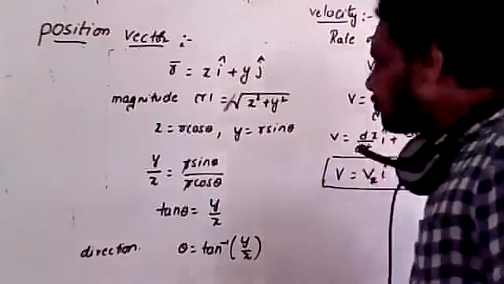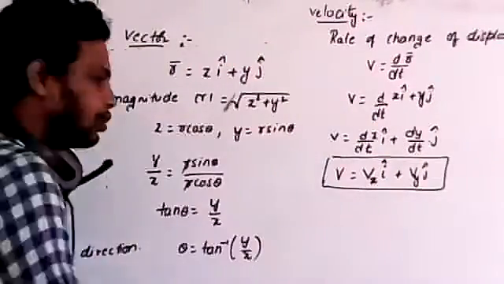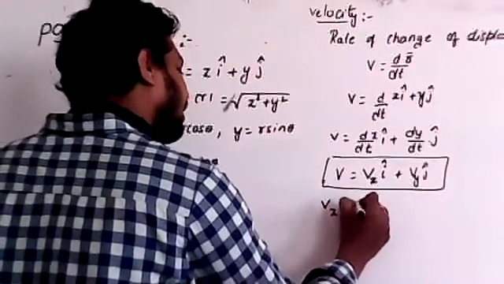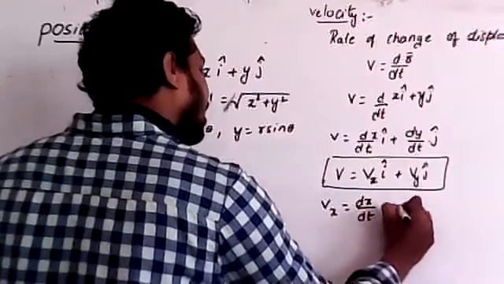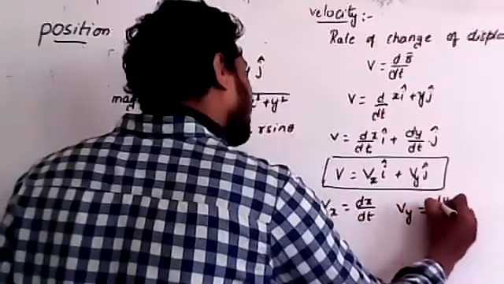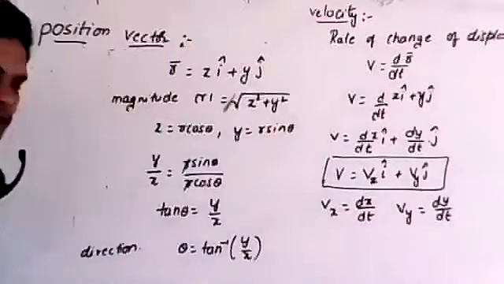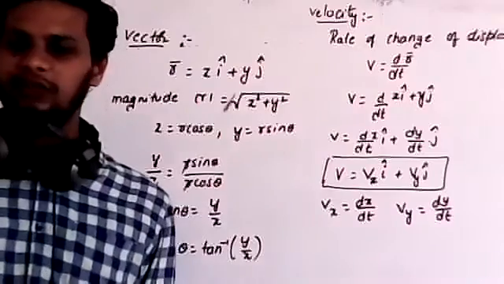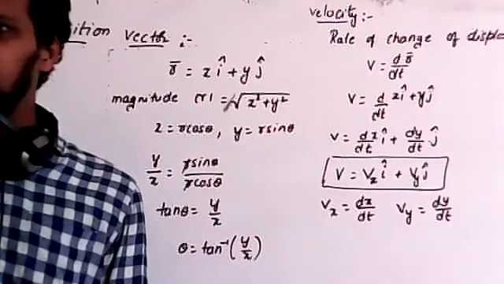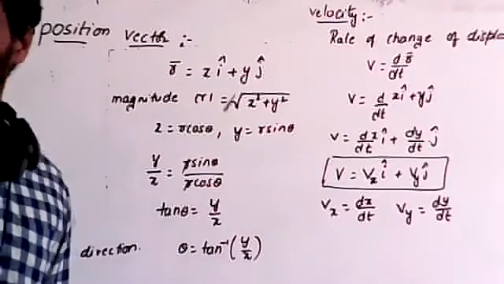So vx can be taken as dx by dt and vy can be taken as dy by dt.